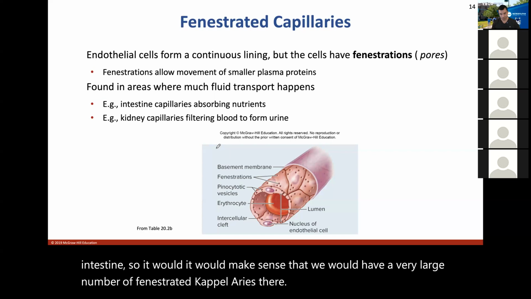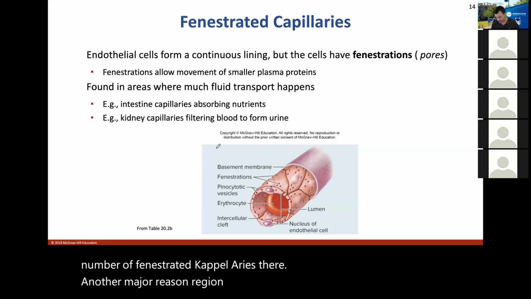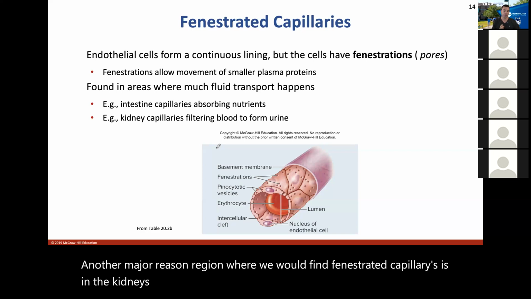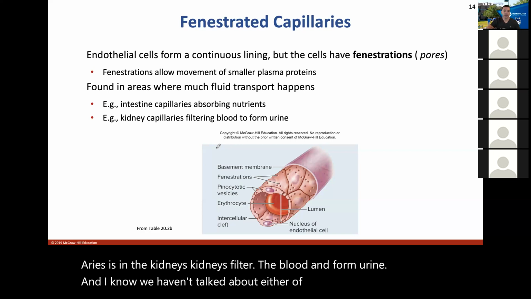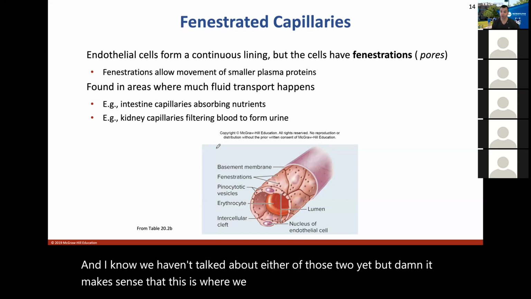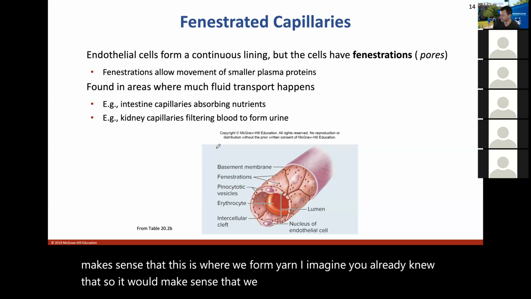Another major region is the kidneys. Kidneys filter the blood and form urine. I know we haven't talked about either of those yet, but it makes sense that this is where we form urine, and I imagine you already knew that. So we would have a lot of fenestrated capillaries.